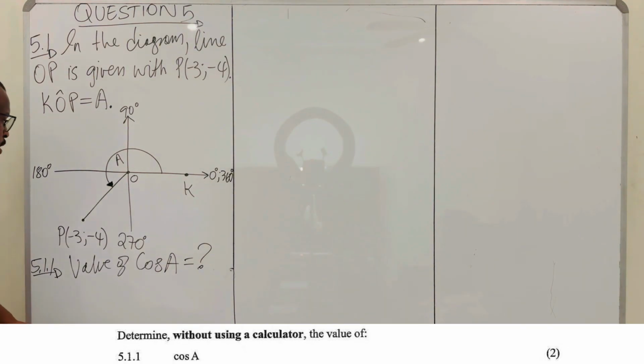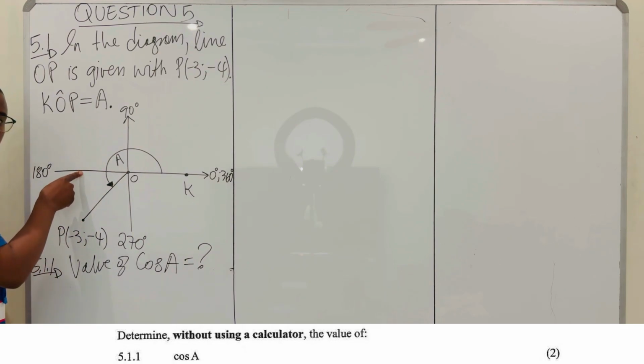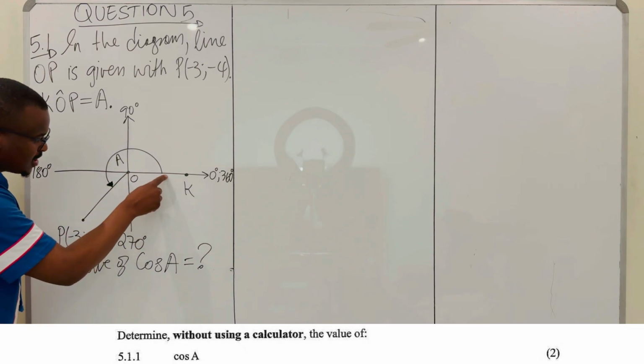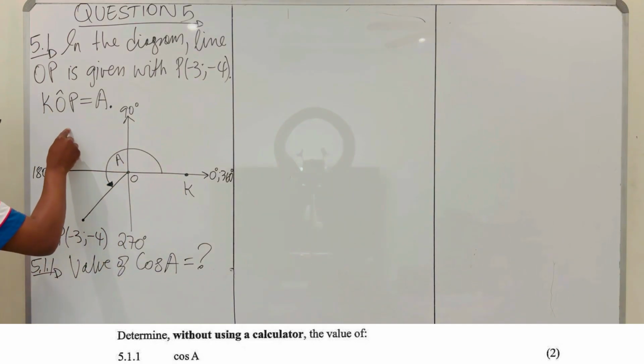If you're given a situation like this, as you might know by now, the first thing that you need to do is to draw a line from the end point of the line that starts from the origin and join it to the x-axis. So if this line was here, you're going to join it there. If there was a line here, you're going to join it down here. If there was a line down here, you join it up here.